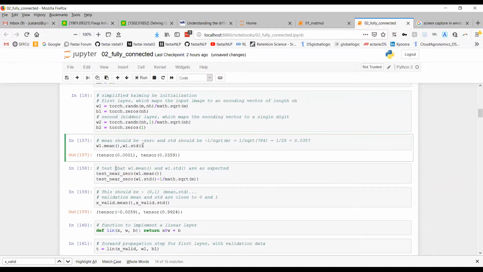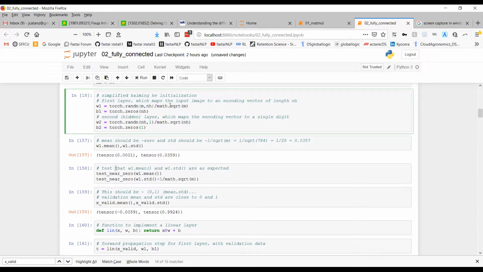And now let's check. The mean should be 0, and the standard deviation should be 1 over the square root of m. Because if we didn't divide by the square root of m, then w1 would be a Gaussian distribution with mean 0 and standard deviation 1, and we would expect its standard deviation to be 1.